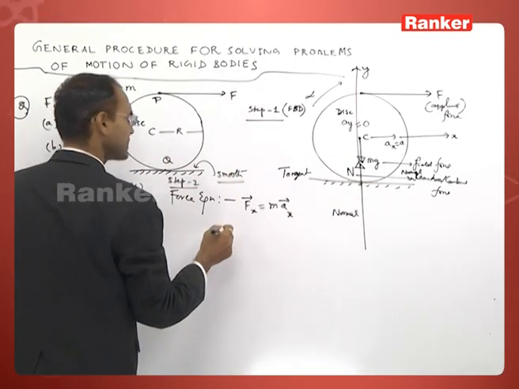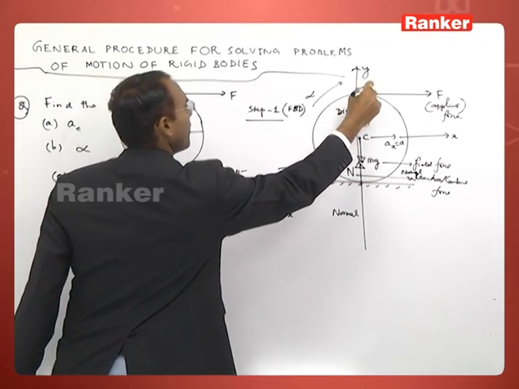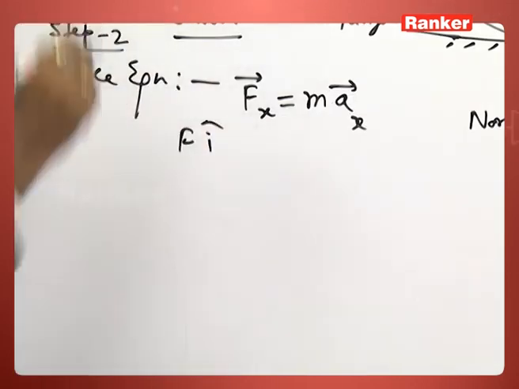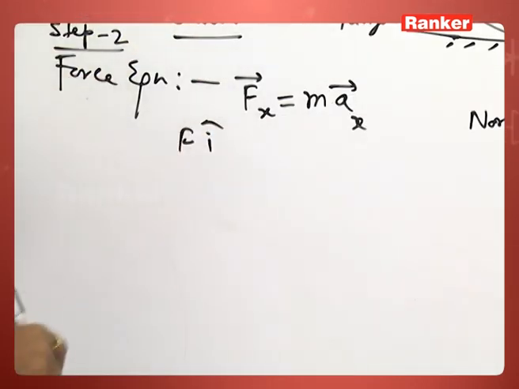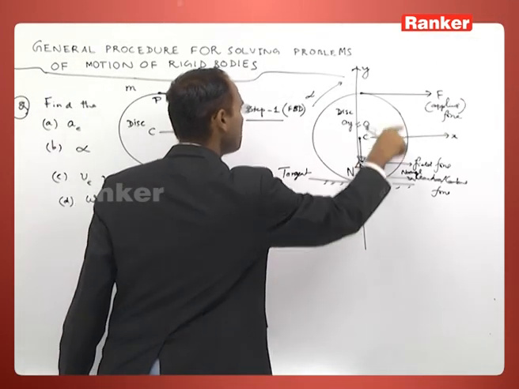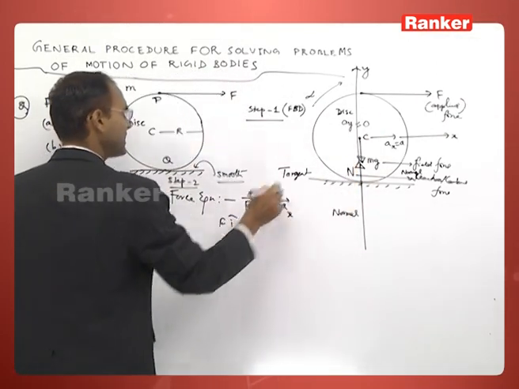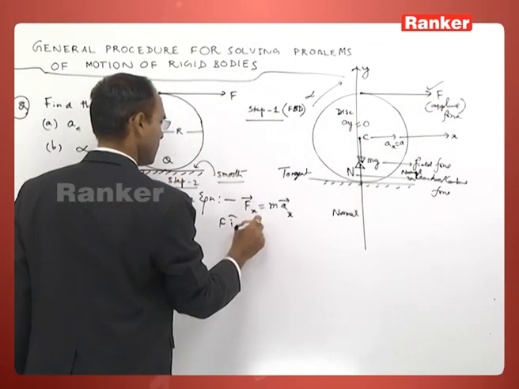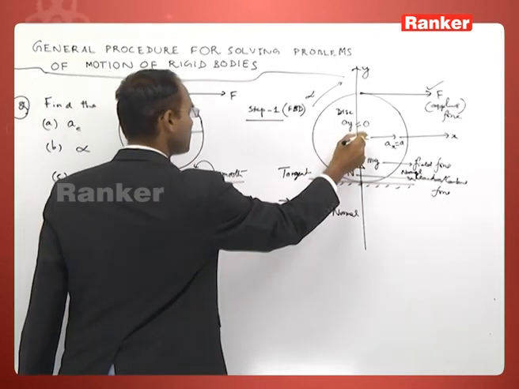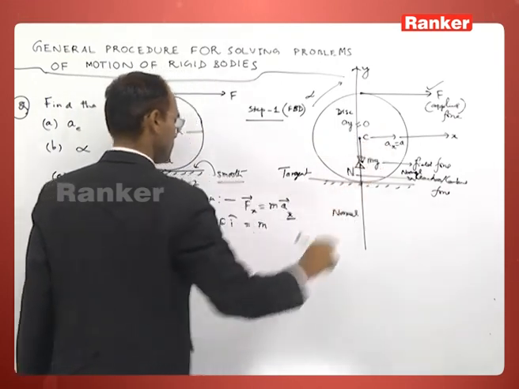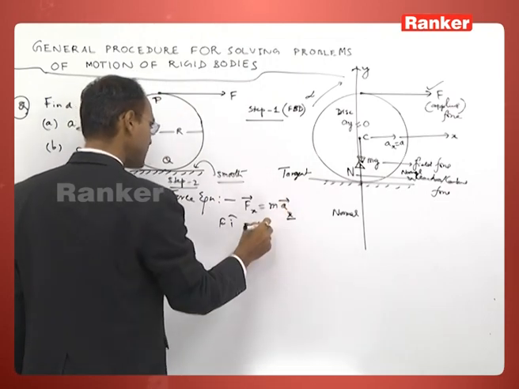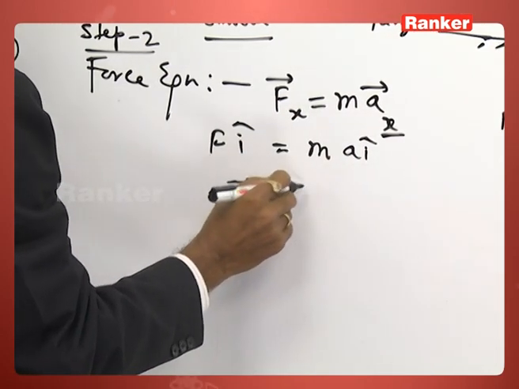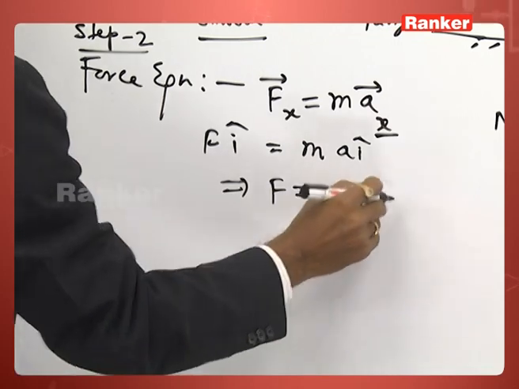The net force along x direction can be written as the applied force acting horizontally along positive x direction, F i cap. And there is no such force except the applied force acting on the object along x direction. And the acceleration of the center of mass is assumed along positive x direction, that is a_x equal to a i cap. So we can get the scalar equation F equal to m into a, equation number 1.